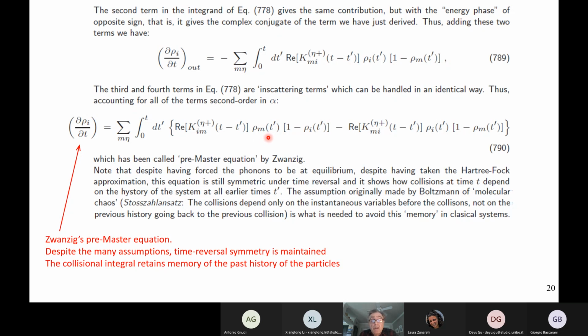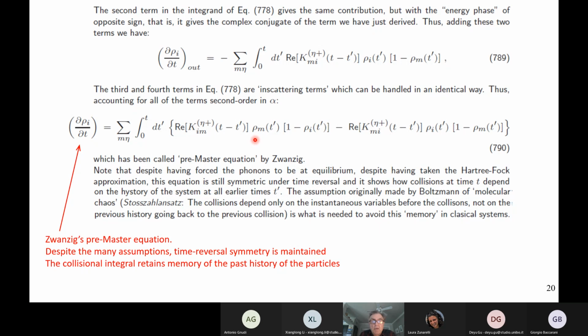We have assumed that the phonons remain at equilibrium always, this Markov approximation on the phonons, and yet you realize that if I change t to minus t in this expression, I swap essentially these two terms and I get an equation which is time reversible. It's invariant under time reversal.